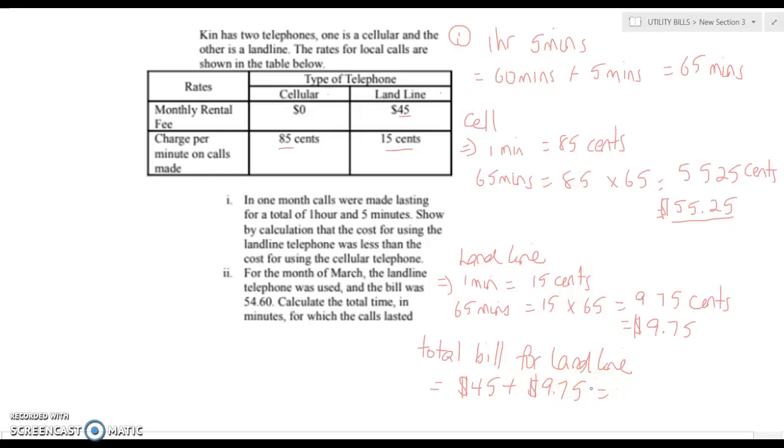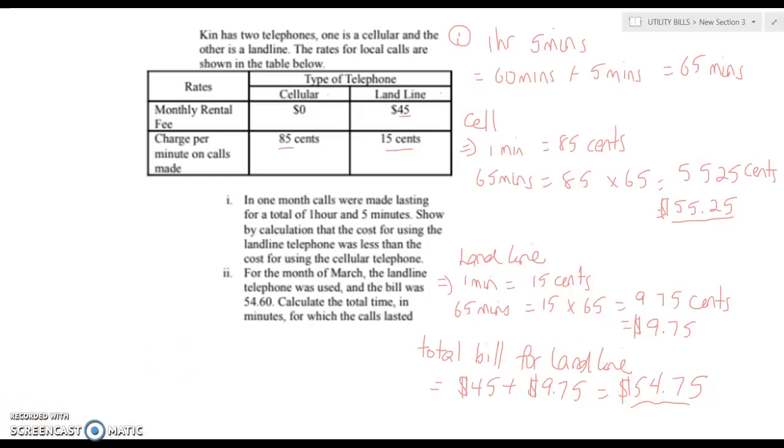So let's add that. $9.75 plus $45. And we will end up getting $54.75. So do you see how the landline bill is less than the cell phone bill, right? If you made total calls for 1 hour and 5 minutes.